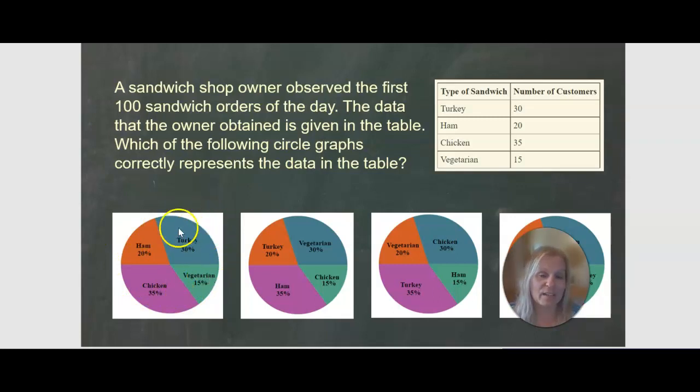It looks like 15 is about half as big as 30. 20% is a little bit bigger than 15, but smaller than 30, right? It all looks about right. The 30% is a little smaller than the 35%. And the percents that we see here in the circle graph match the percents in the table. So not even any calculations we had to do for that one.